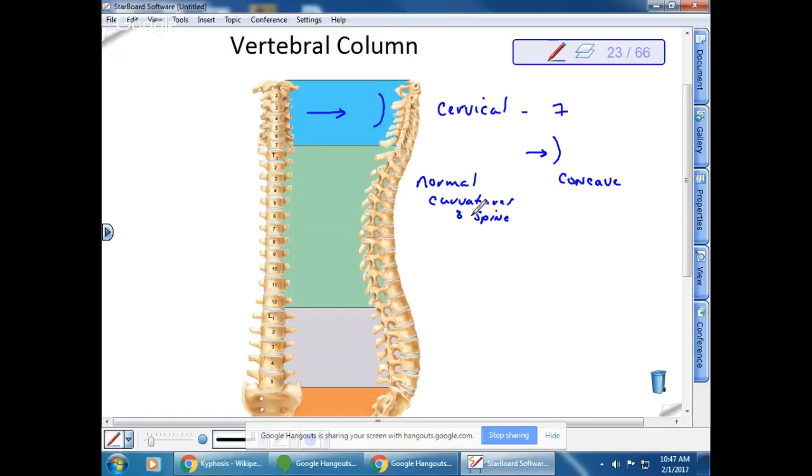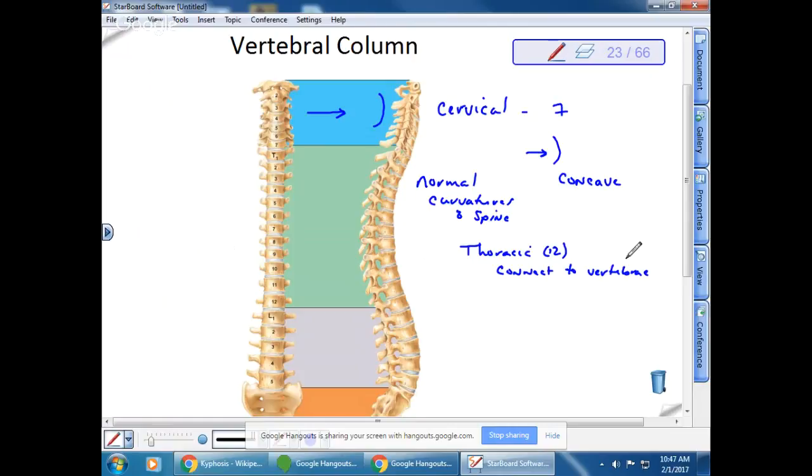Then we have the thoracic. How many of those? 12, not 2, 12. And these connect to the ribs. The other ones do not.